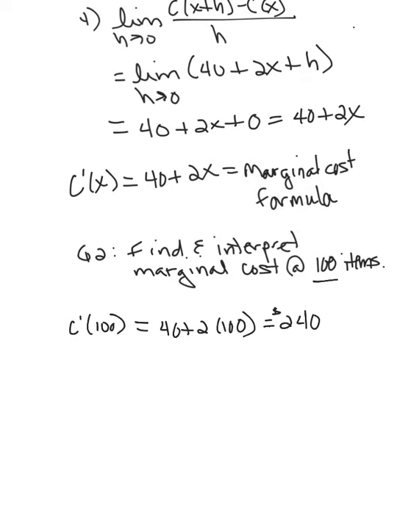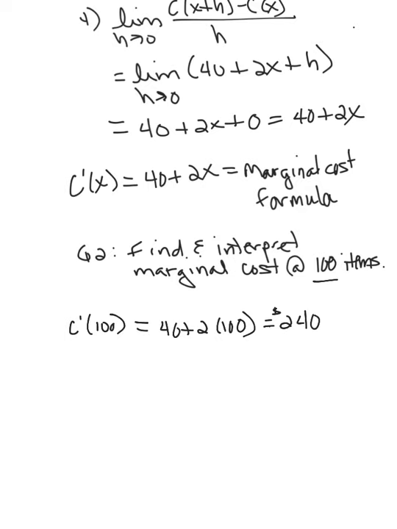So there's the answer part, the number part for this. The other thing that we are supposed to do is interpret this. When you get an answer for a marginal cost or a marginal profit or a marginal revenue, this tells you how much it takes to produce the next item.